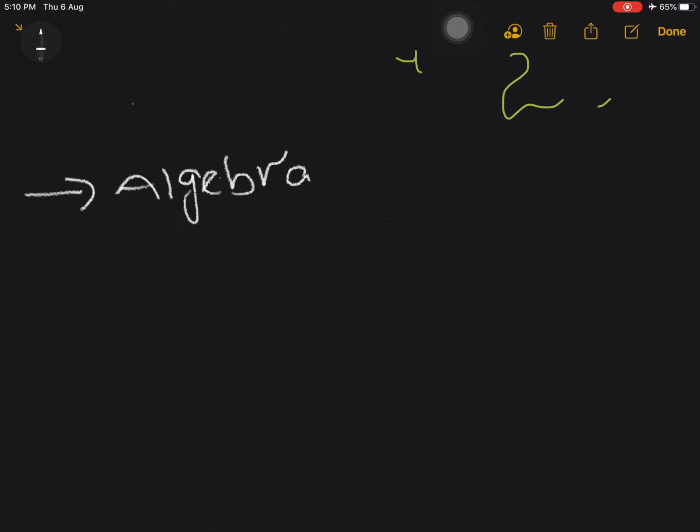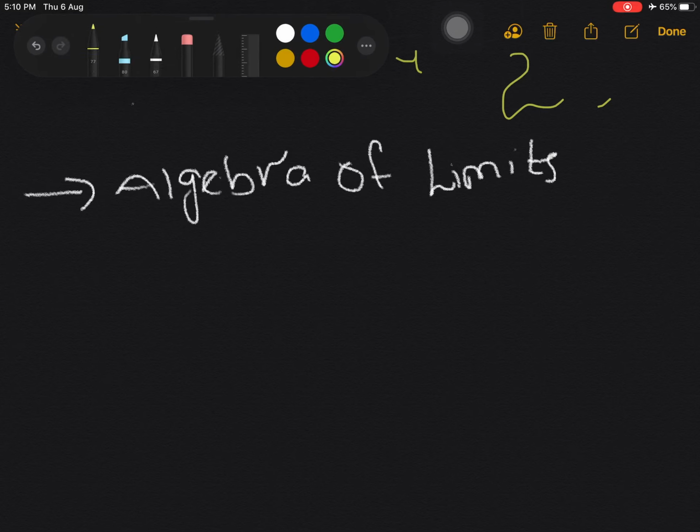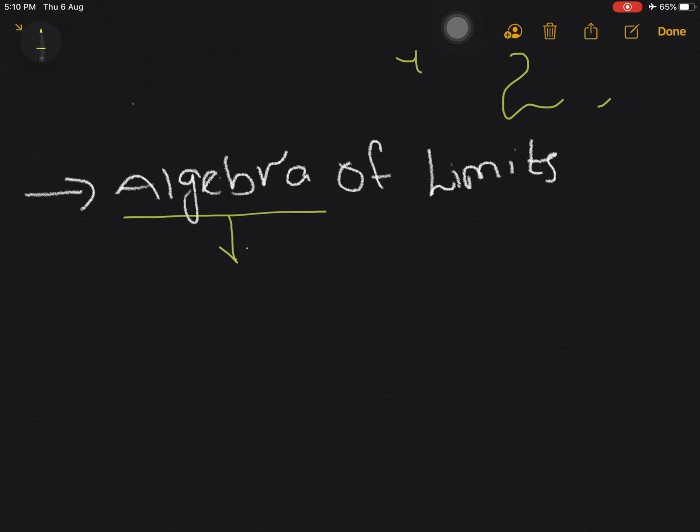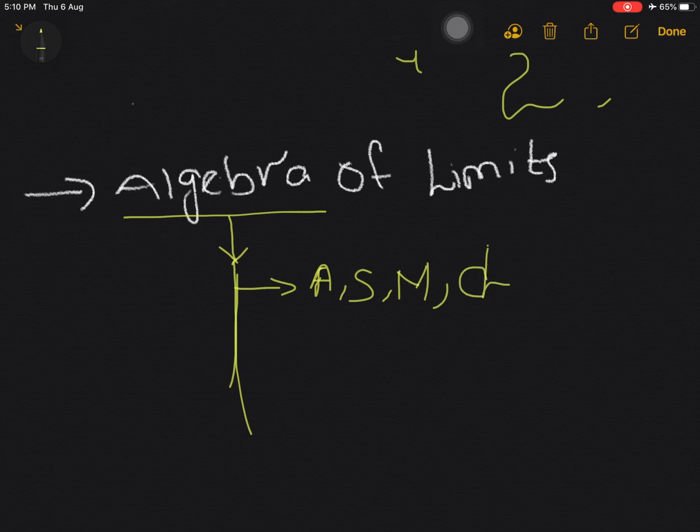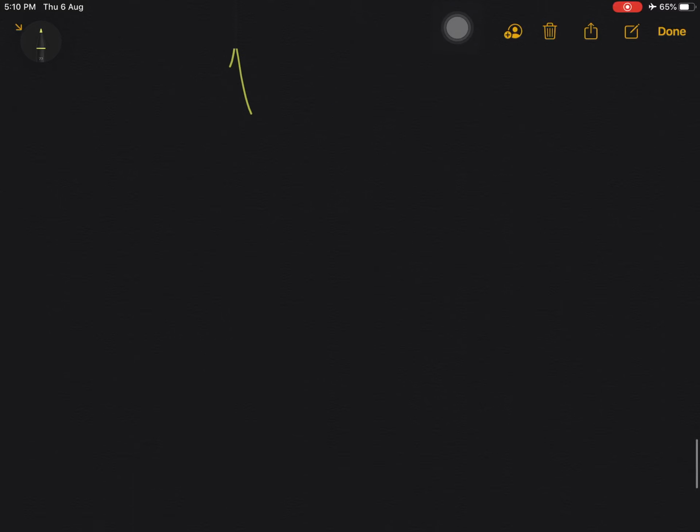The name itself says it: algebra is nothing but addition, subtraction, multiplication and division. There are 4 main formulas for algebra of limits.